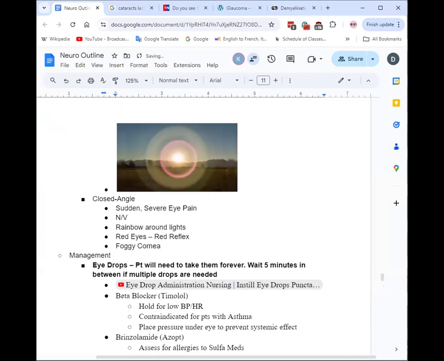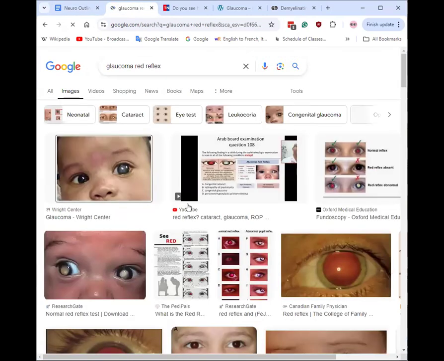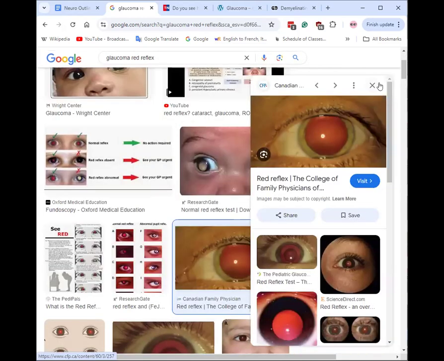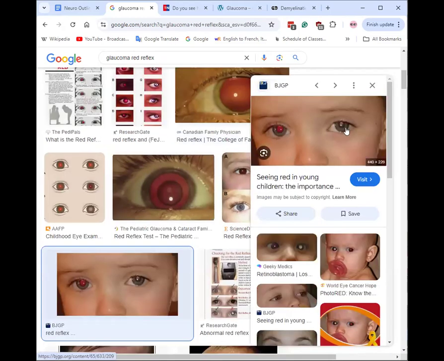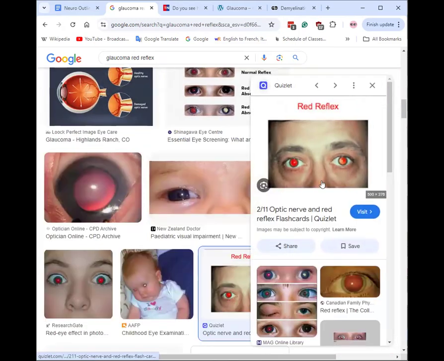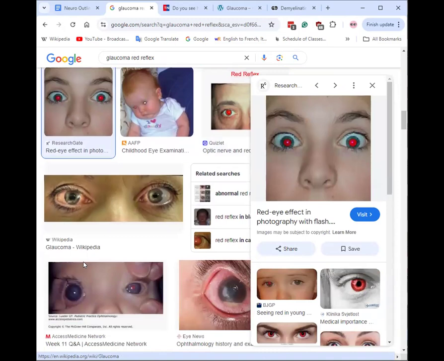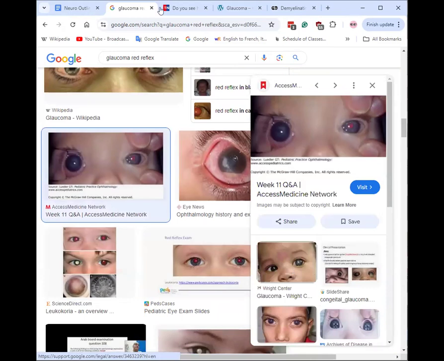I think with glaucoma you'll have the red reflex, kind of like the cats. In pictures you'll see the red eyes. I don't remember the reason for it, but here you can see he has the red reflex in one of the eyes, so maybe there's something to look into for his eye there. You can see a bunch of red eyes there.